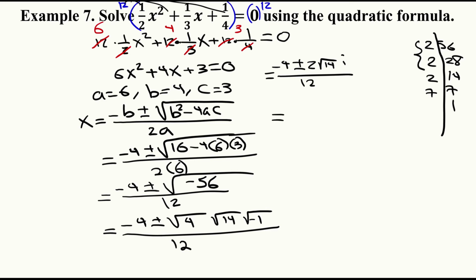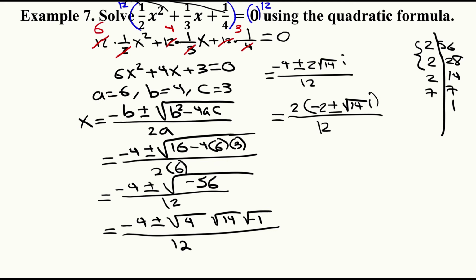So we have, notice that we can factor out a 2, so we'll do so. So we have 2 times negative 2 plus or minus radical 14i, all of that over 12.